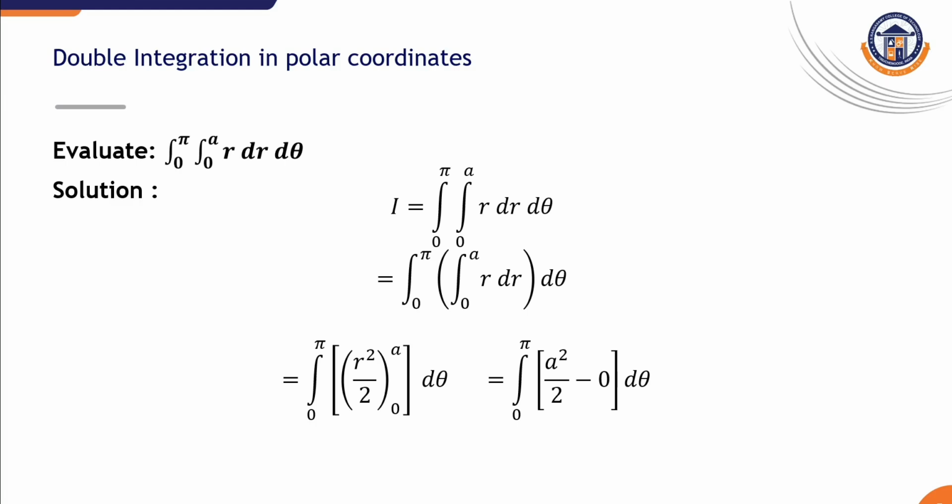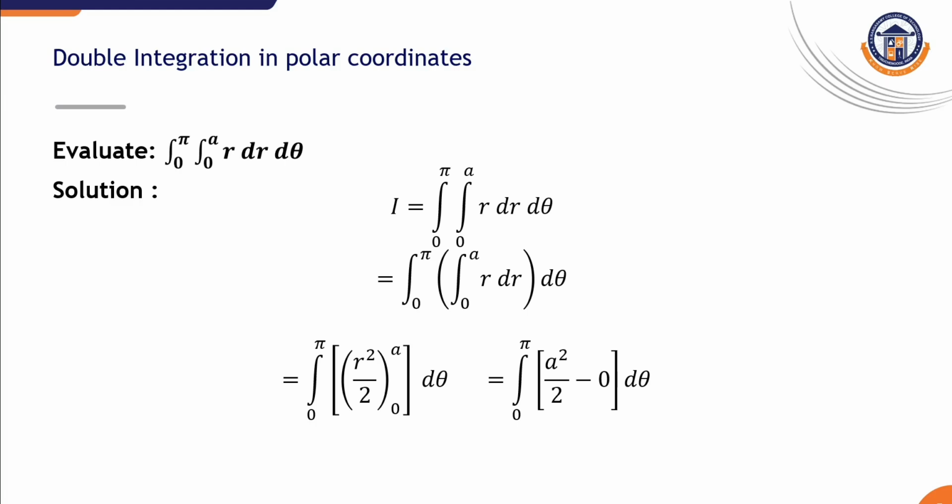Now the first integration is with respect to r, with limit 0 to a, that is the integral 0 to a of r dr. The other integration is with respect to θ, with limit 0 to pi.